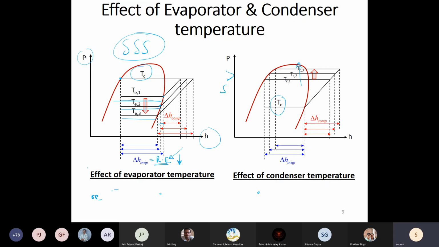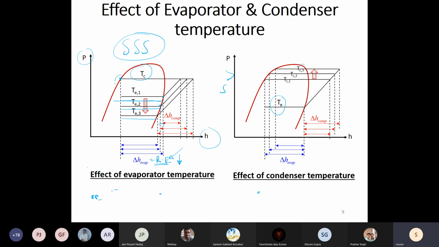Now, vice versa, if you maintain your evaporator temperature constant and your condensing temperature keeps on increasing, which means that your condensing pressures are increasing, you will see a similar effect happening on the evaporator side again.